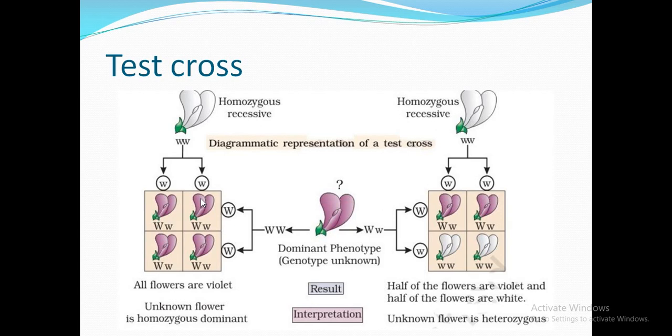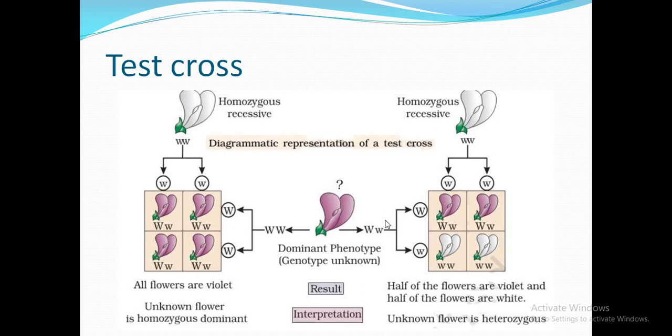In this example that is shown here, the color of the flower is taken into consideration. In garden pea, the flower color is taken into consideration. We know very well that in garden pea, violet color is dominant over white flower. The allele for violet flower is represented by uppercase W, whereas the lowercase w represents the recessive allele.